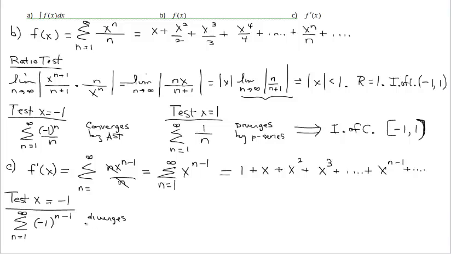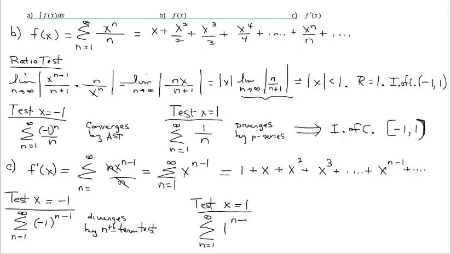Just a note to self, okay, by the nth term test. That tells us back up here that we can't include the left endpoint of -1. So there won't be a bracket, there'll be a parenthesis. Let's test x equals 1. Going to the derivative expression, everywhere I see x, replace it with 1.